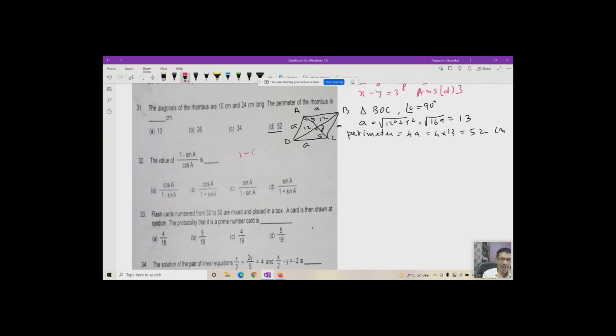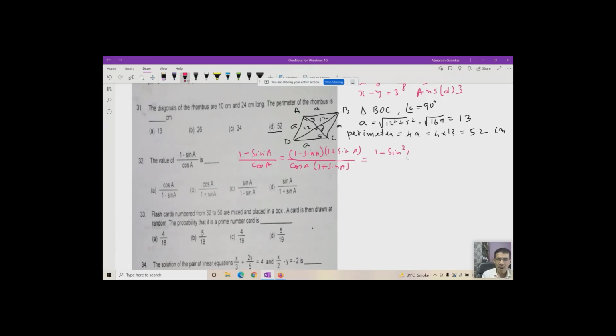I will start with 1 minus sine of A divided by cos of A. So this I will do like this: 1 minus sine A, then I will multiply it again by 1 plus sine A, to make it as A plus B into A minus B. And of course, to neutralize it, we have to multiply the denominator also by 1 plus sine A. So this will work out as 1 minus sine square A, because A plus B into A minus B will be A square minus B square.